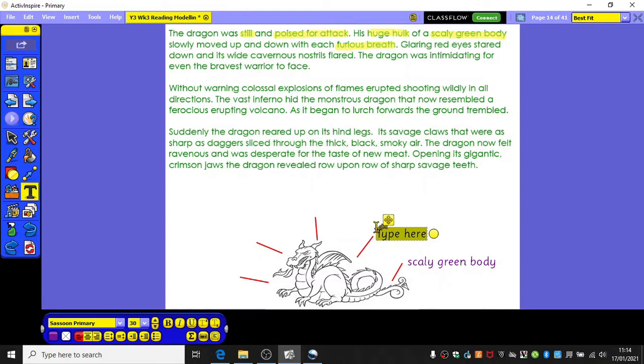So a hulk is a word for being large and possibly muscular. So huge hulk of a scaly green body. Then I could add to this that it's large, potentially muscly, but we'll move on from there. Furious breath, it was in that sentence as well. So it's telling me that he's not particularly happy. He's got a furious breath.